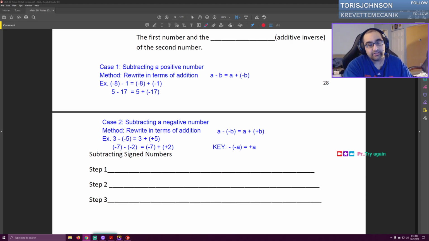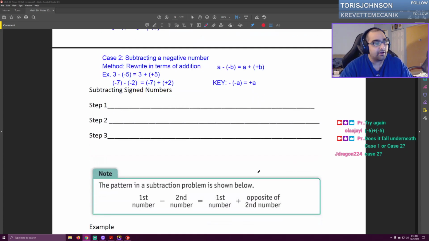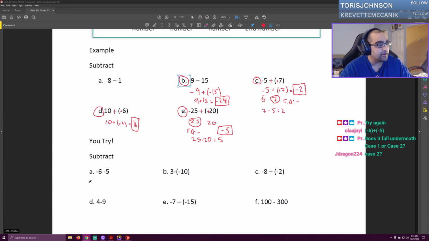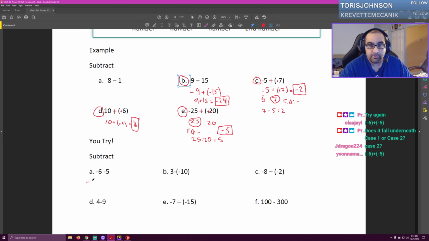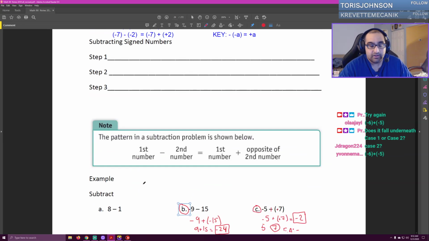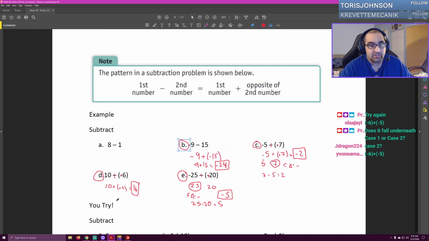Does it fall underneath case 1 or case 2? Negative 6 plus negative 5. That is correct. All right, so you have to rewrite it here. Negative 6 plus negative 5. Case 2, no. That's the problem, J-Dragon.